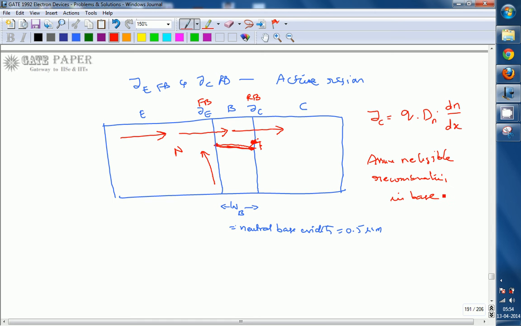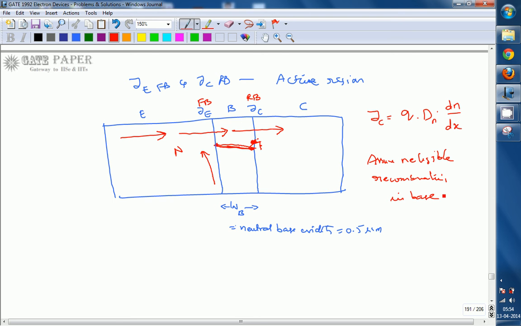In the active region, charge carriers are emitted by the emitter and move to the collector through the base. In the base, very few recombinations take place. For our question, we are assuming negligible recombinations in the base.